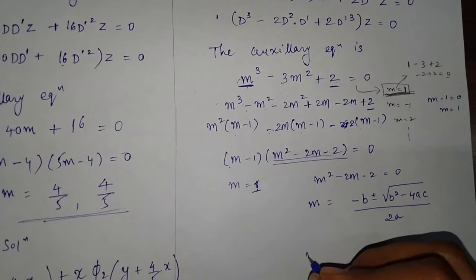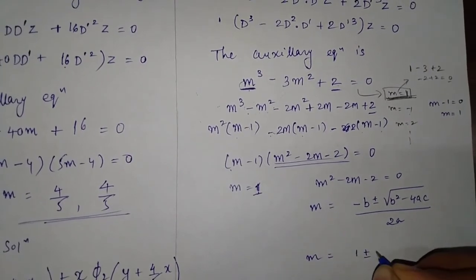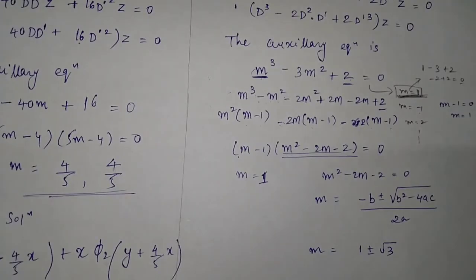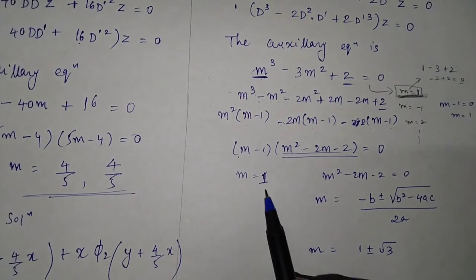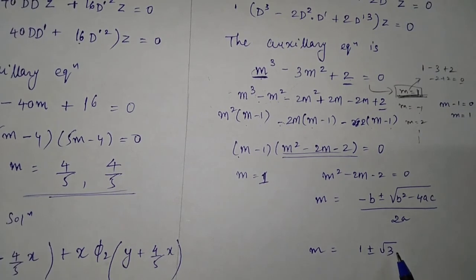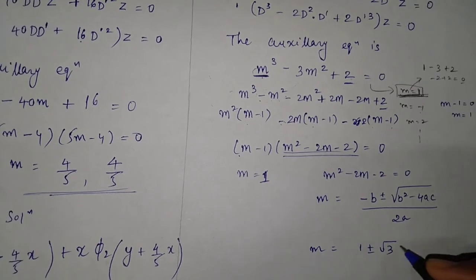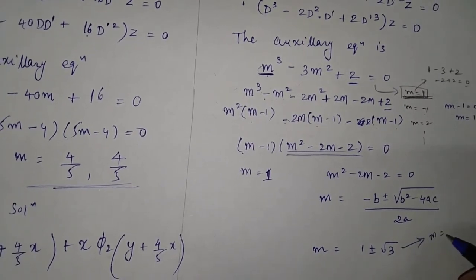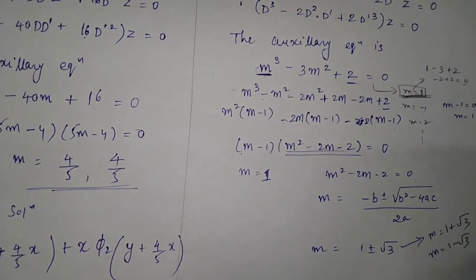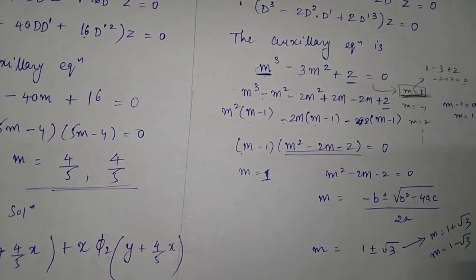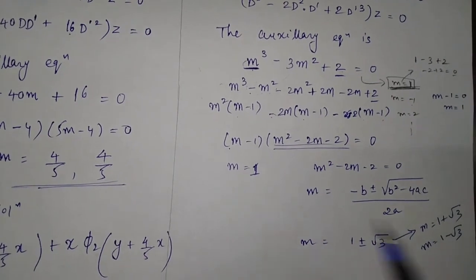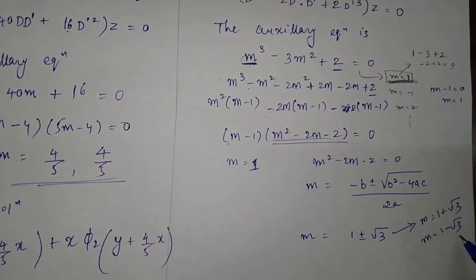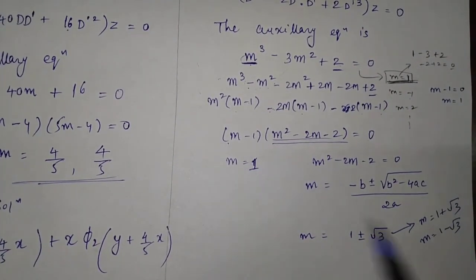So I will get m equal to 1 plus or minus root 3. It means we got three values of m, that is 1, 1 plus root 3 and 1 minus root 3. All the values are real and distinct.